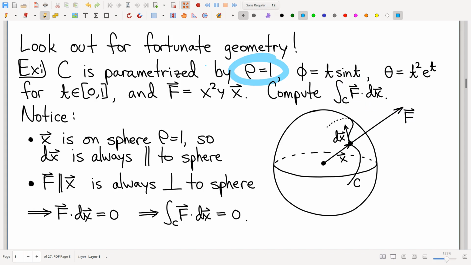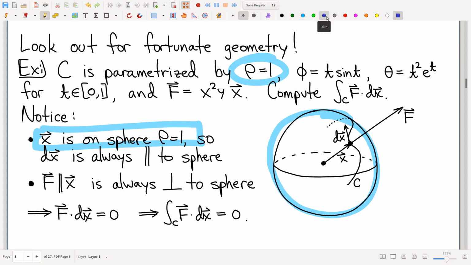Now, phi and theta are doing all kinds of crazy things, but rho is always 1, and that means that we are on the unit sphere. And when I say on the unit sphere, I don't mean momentarily. I mean we are stuck for all of time on the unit sphere, right?